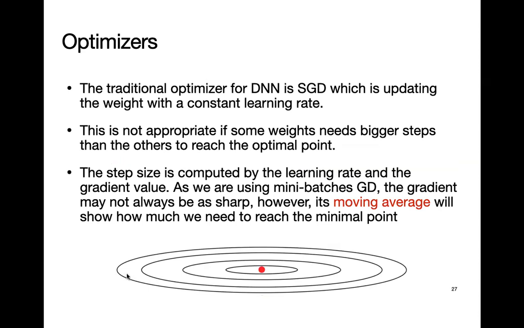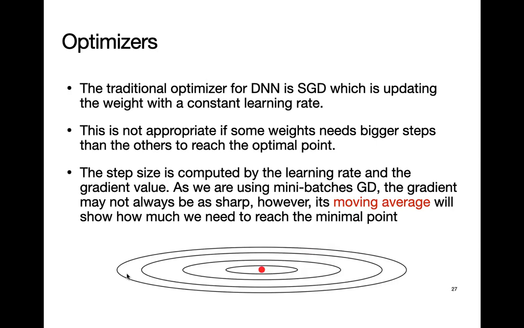Some weights may need more or bigger steps, and some may need smaller steps. So there's a kind of variance in the updates of your weights. What the optimizers do is estimate the average of how these weights are updated. If we can estimate this average, we can then provide the right step to take for each weight.